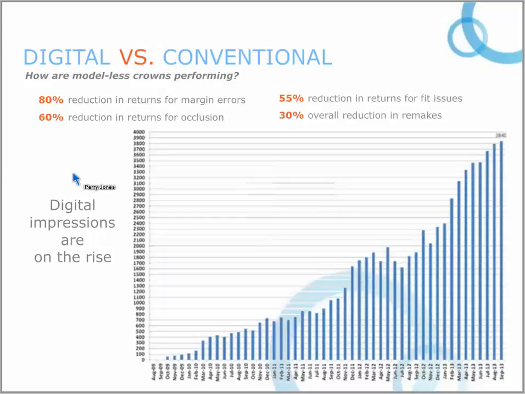Are they working better than the conventional crowns that are made using the conventional process on conventional stone dies? The answer, modelless crowns, about 80% reduction in returns for margin errors. That's pretty awesome for the lab and for the doctor. 60% reduction in returns for occlusion, 55% reduction in returns for fit issues, and about 30% overall reduction in remakes.